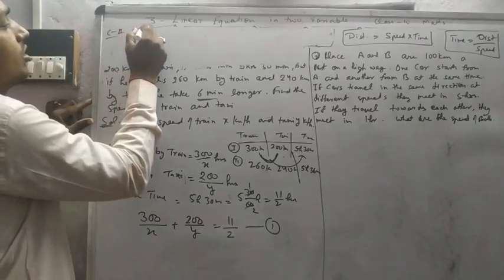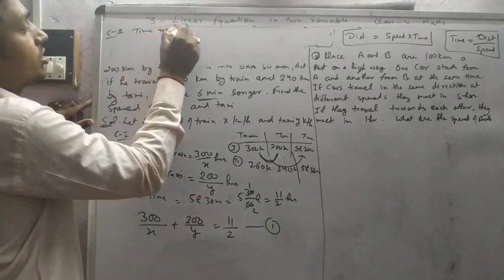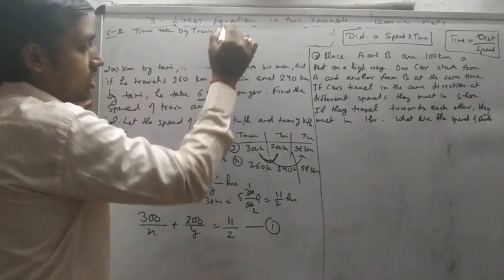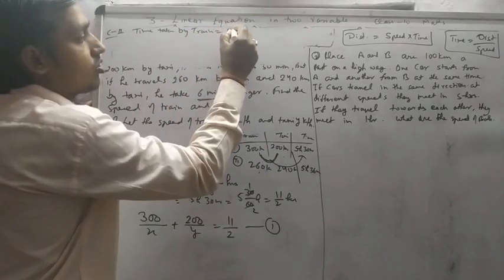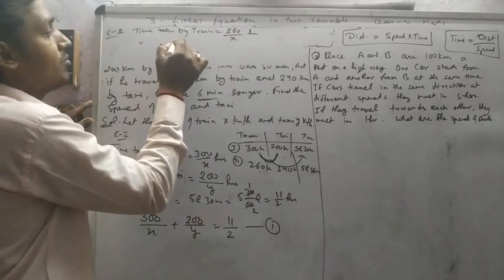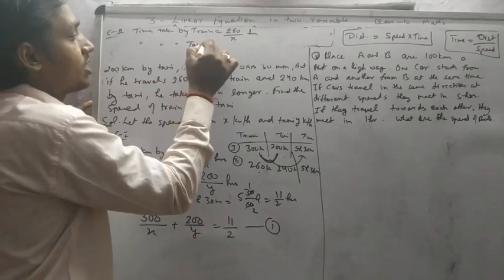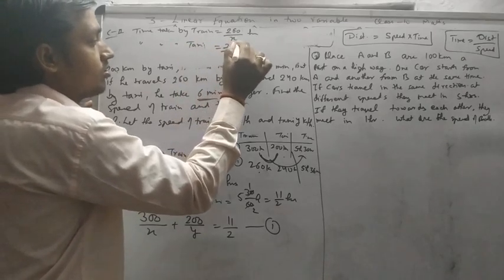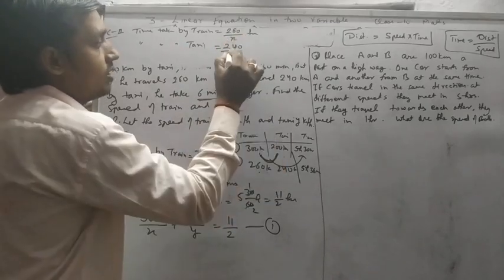Same, time taken by train, distance 260 upon x hours. Time taken by taxi 240 by y hours.